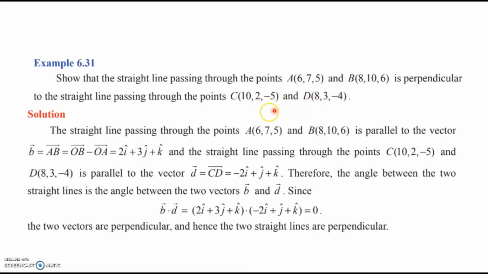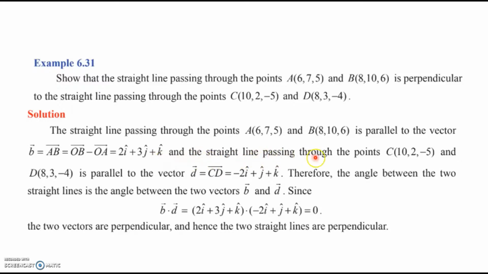So our solution: the straight line passing through the points (6, 7, 5) and (8, 10, 6) is parallel to the vector which, on subtracting, you get 2i cap plus 3j cap plus k cap.